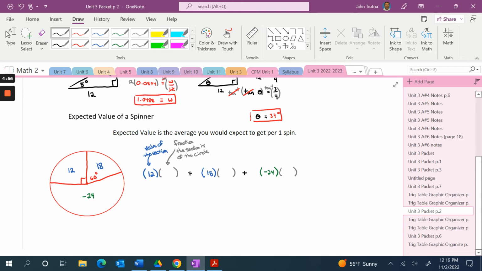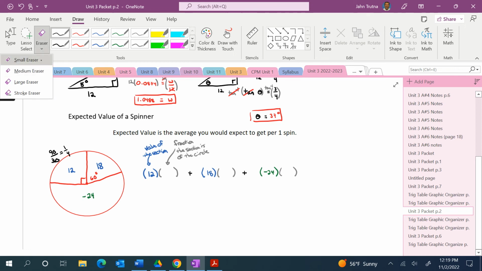So we know the value of each section. Now let's figure out the fraction the section is of the circle. Let's start with the 12-point section. We know that the 12-point section is 90 degrees, and an entire circle is 360 degrees. So the 12-point section is 90 degrees out of 360 degrees, which simplifies down to 1/4.